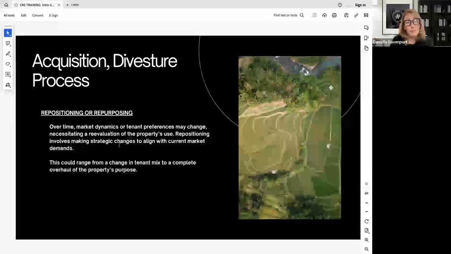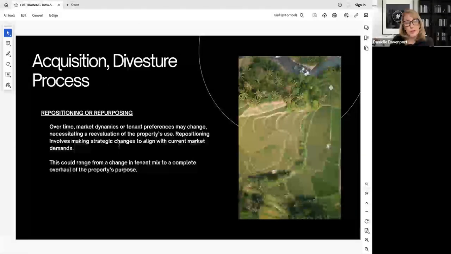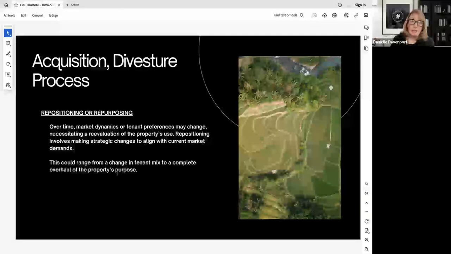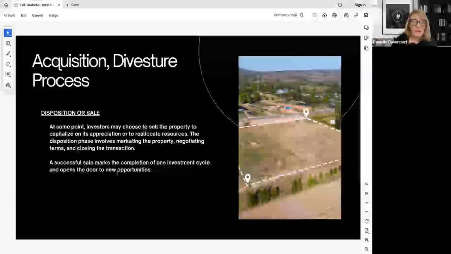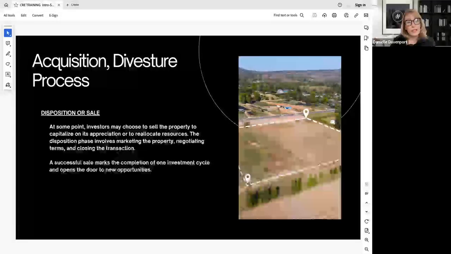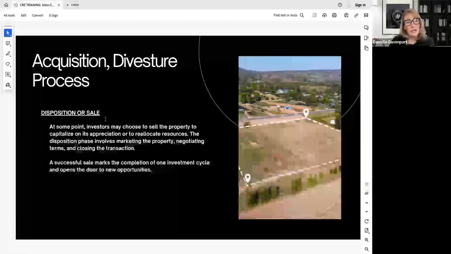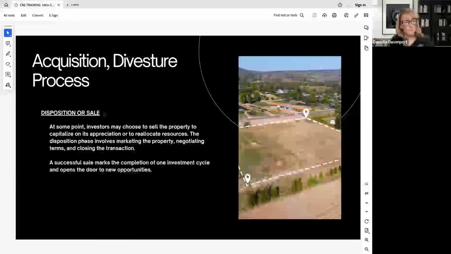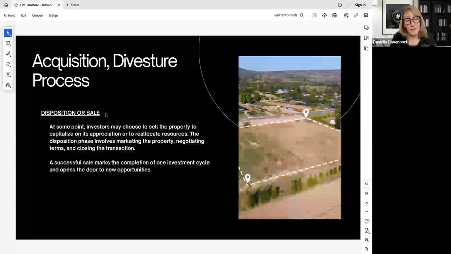We're seeing repositioning and repurposing a lot with the new legislation that's coming out, especially from commercial to residential. And I've mentioned this as well, that there's a lot of legislation out there that is streamlining and making planning approvals a ministerial process for converting commercial properties into residential properties.